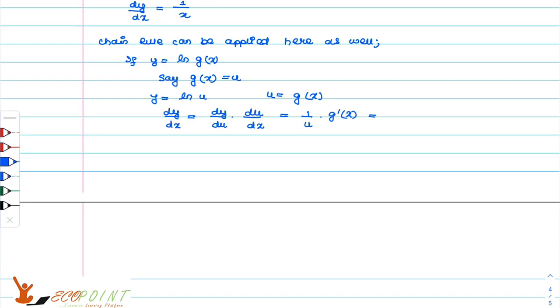So 1 upon g(x) into g dash x. So this is the way you write it.